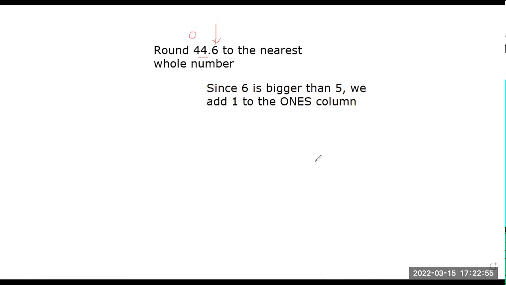Sorry, my apologies, I wrote the wrong thing. Ones would be here, and tenths would be here. The 6 represents the tenths. So since the 6 is bigger than 5, we add 1 to the ones column, where the underlined 4 is. So in this case, the correct answer is 45. This is how we would round that number. Now let's try another example to make sure we understand this.